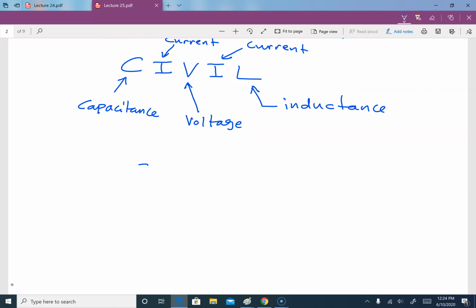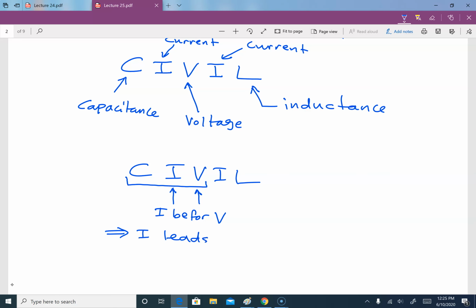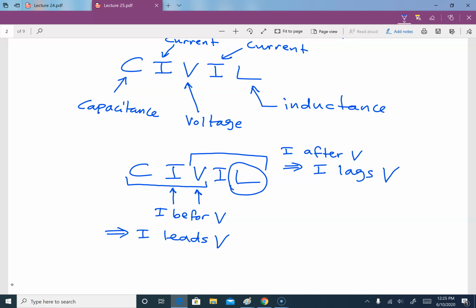So if you look at the CIVIL rule, in the case of capacitor, our I came before the V. So I before V, that means I leads V. In this case here, I after V, that means I lags V in the case of inductance.